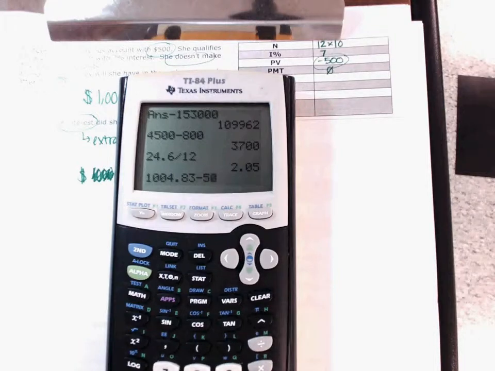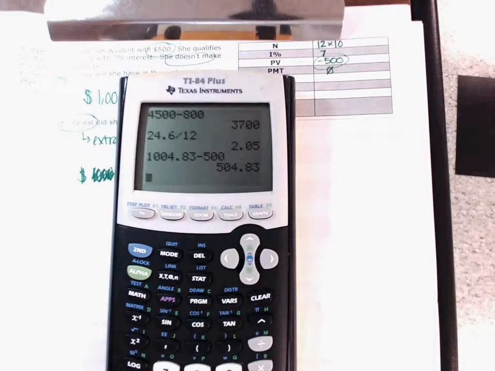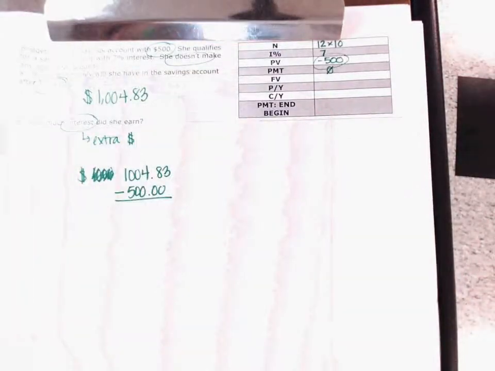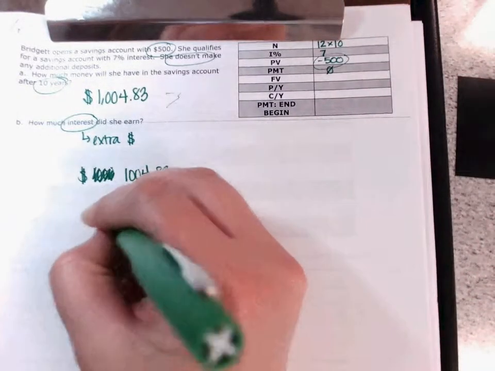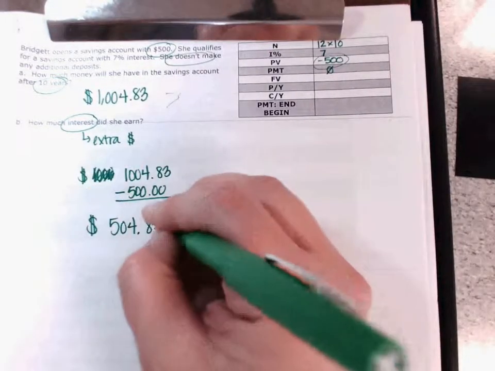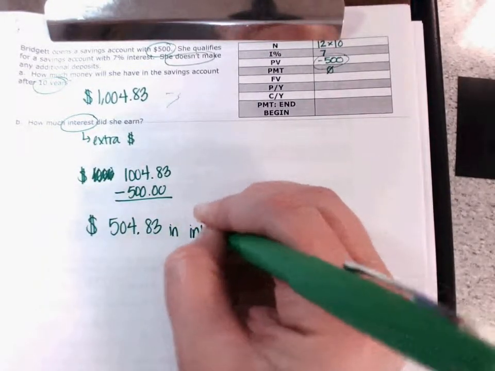Everything that's left over is going to be her extra amount of interest. So she got $504.83 in interest.